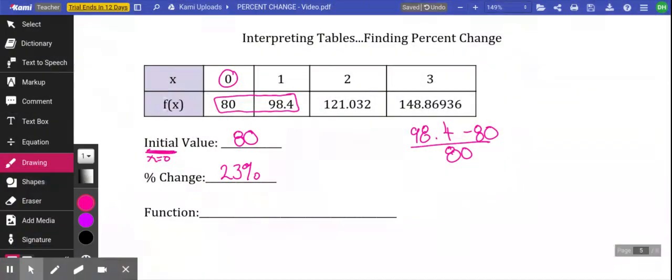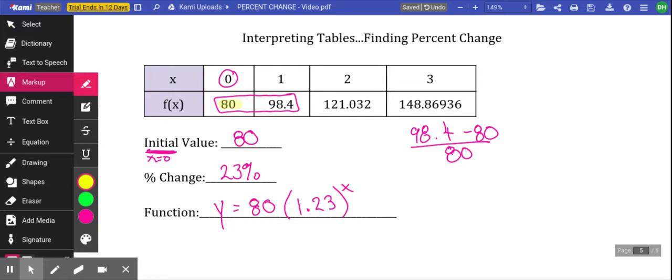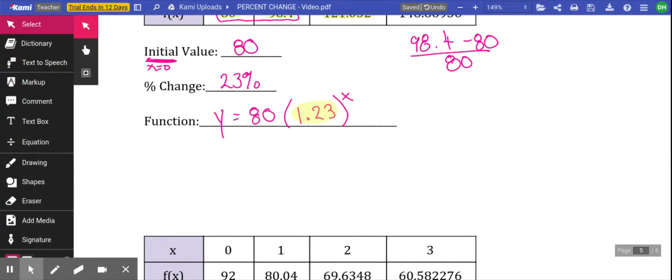And my function is going to be y equals 80 times parentheses, 1.23 raised to the t or the x. All right. And of course, those numbers were getting bigger. We went from 80, we jumped up to 98.4, we jumped up to 121.032. So anytime you're jumping up, we're certainly expecting that base to be bigger than 1, or else something went drastically wrong.